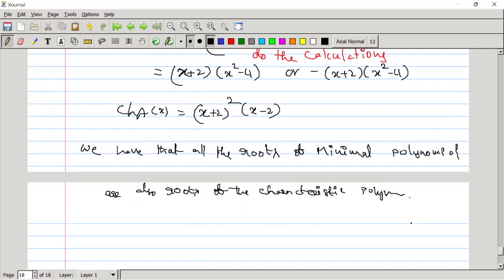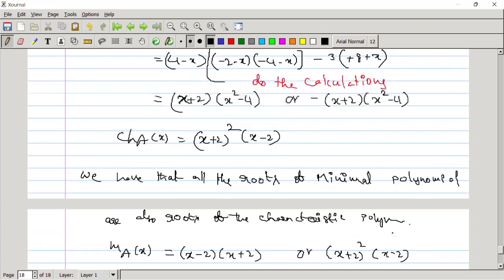So from this we can see the minimal polynomial of A can be one of these two. That means x minus 2 into x plus 2, or x plus 2 whole square into x minus 2, because we have only two possibilities.